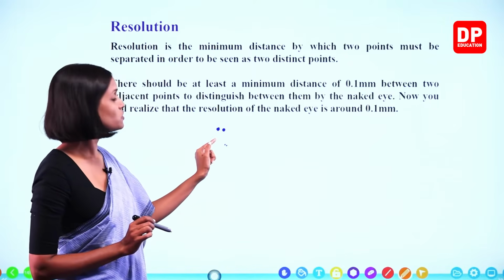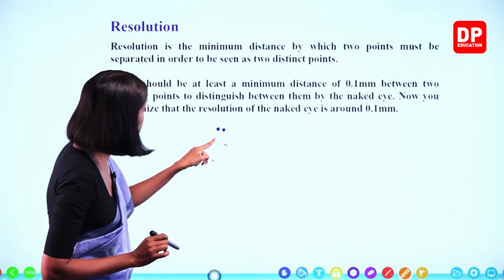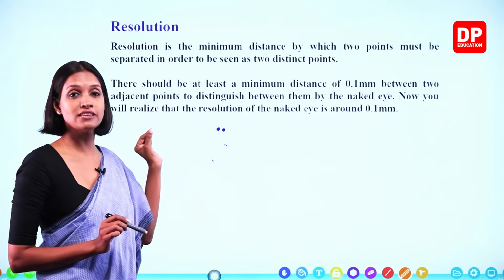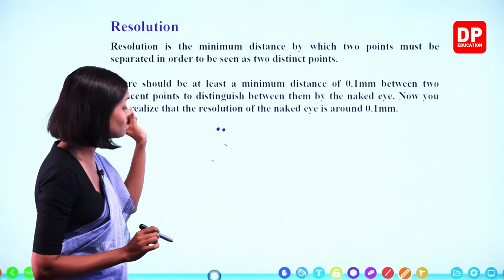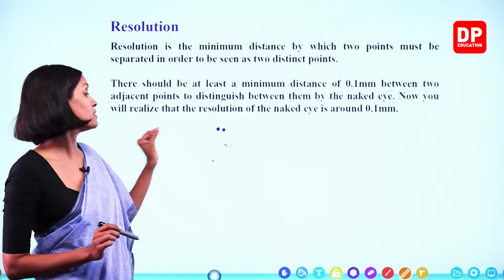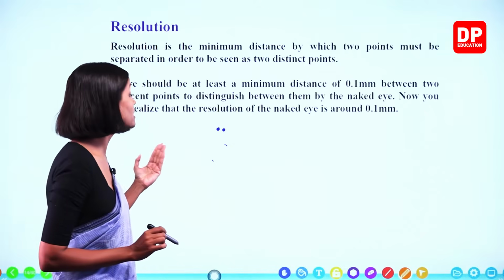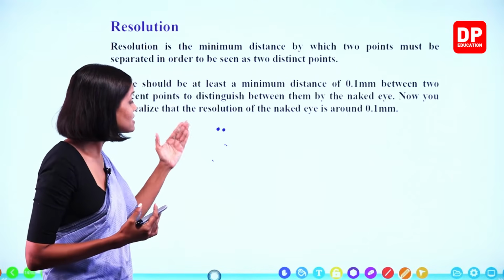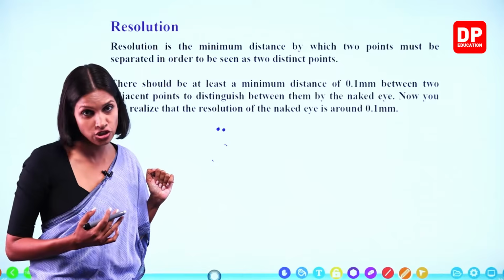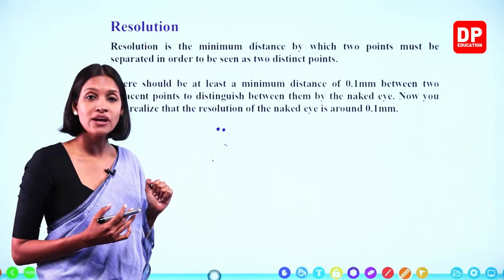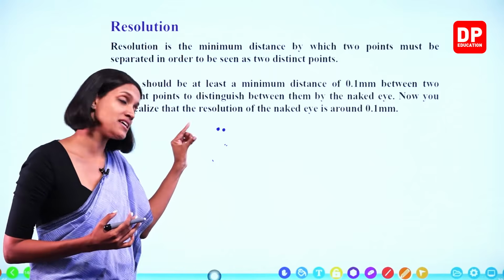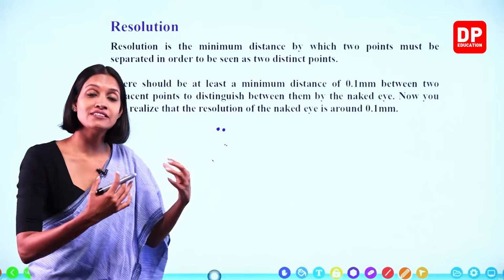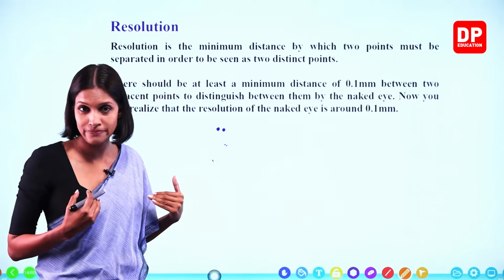Here also, I drew 2 dots. You can still identify it as 2 separate dots. Here also, I drew 2 dots very close to each other. They are so close that we can't even identify they are 2 separate dots. Right? Which means our eye can identify only when there's a certain distance between 2 separate points. If it gets too close, our eyes cannot identify it as 2 separate points.